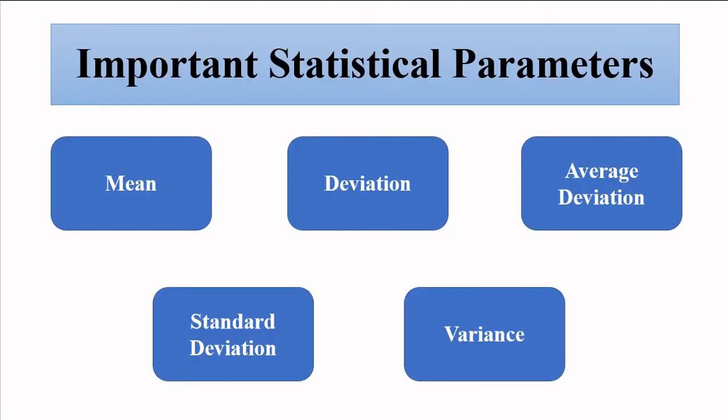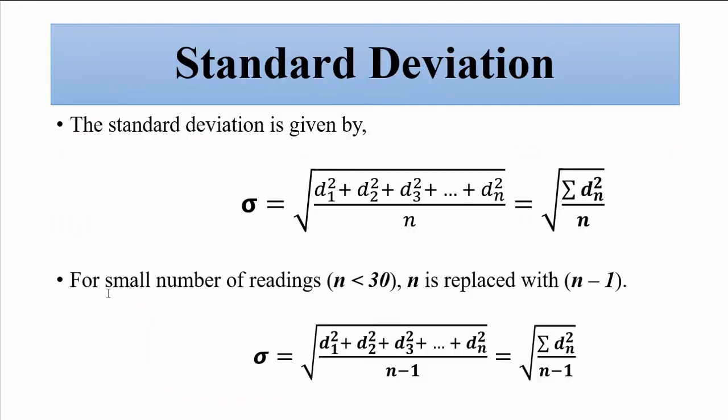Then we have standard deviation and variance. The standard deviation, which is given by sigma, is given by the square of the deviations divided by the number of readings, and then finally the square root of that value.